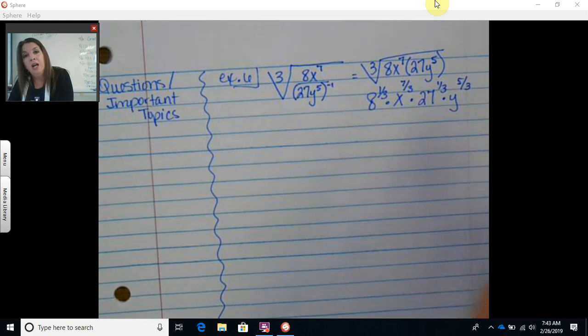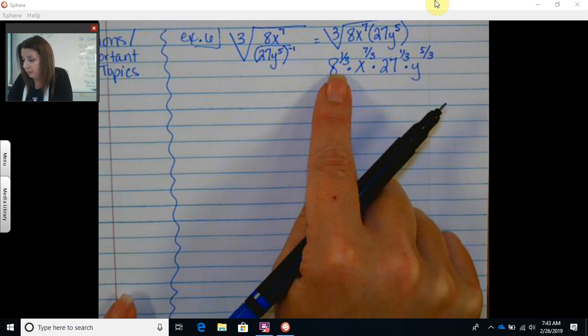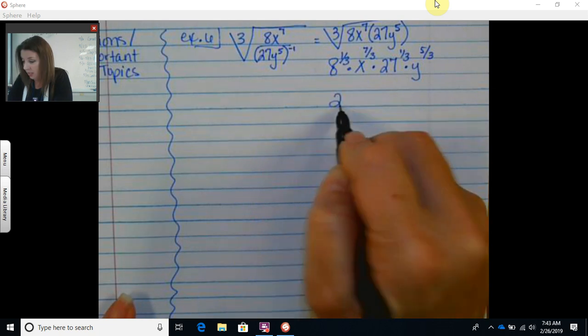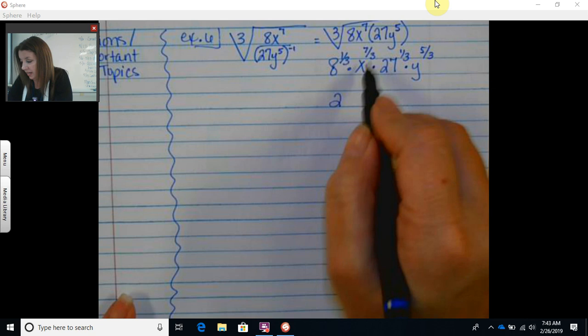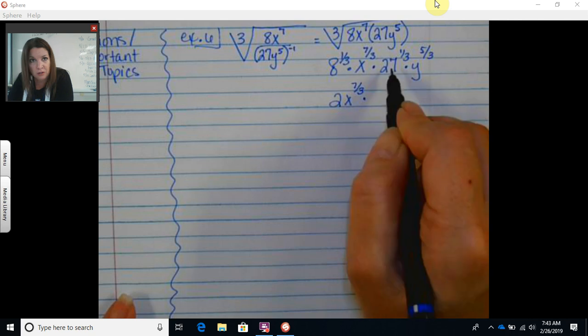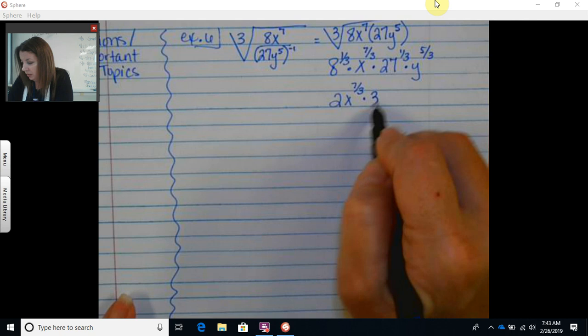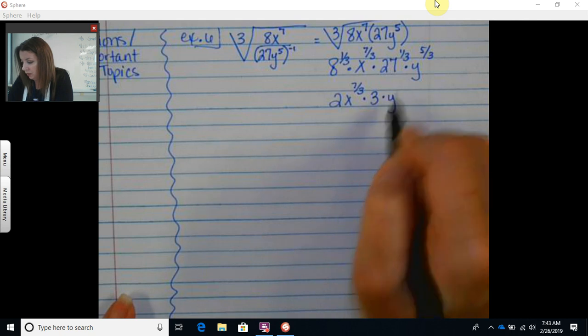Okay, let's see if we can simplify some of this. Y'all know that 8 raised to the 1/3 power is the same thing as the cubed root of 8, right? So what is 8 raised to the 1/3 power? 2 times, I'm going to leave that x to the 7/3 times 27 raised to the 1/3 power, that's the same thing as the cubed root of 27, which is 3 times y to the 5/3.